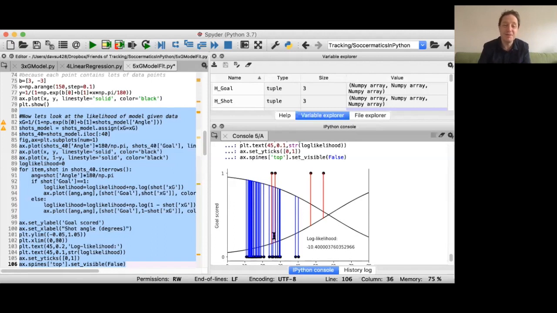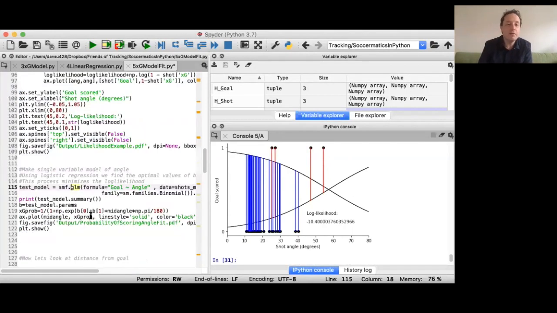We look at the ones that weren't actually scored, the distance between them and this line, and we look at the distances here between the lines. The process of logistic regression is a process of maximizing these distances so that the probability of scoring is as close as possible to the actual goals that are scored, and the same for the probability of not scoring.